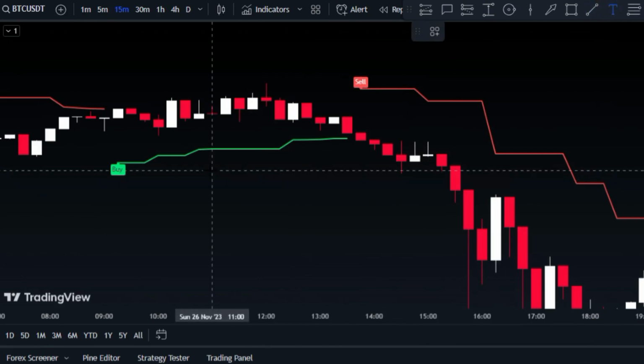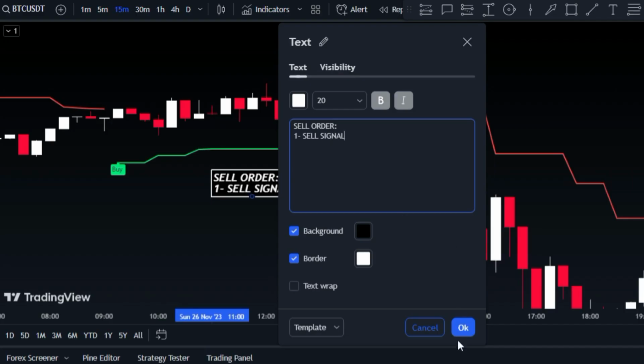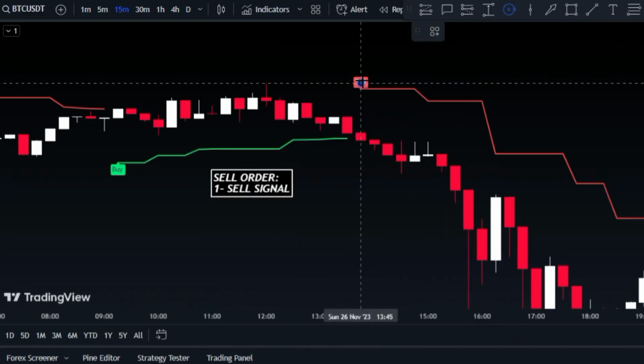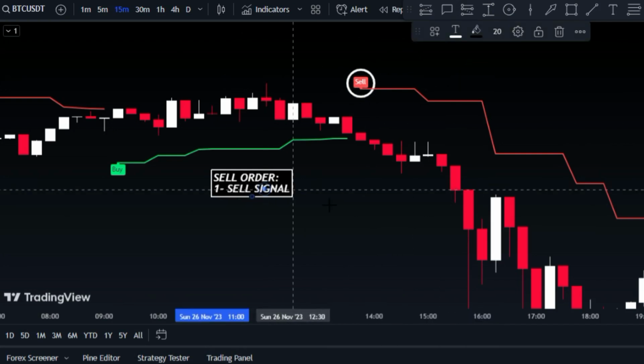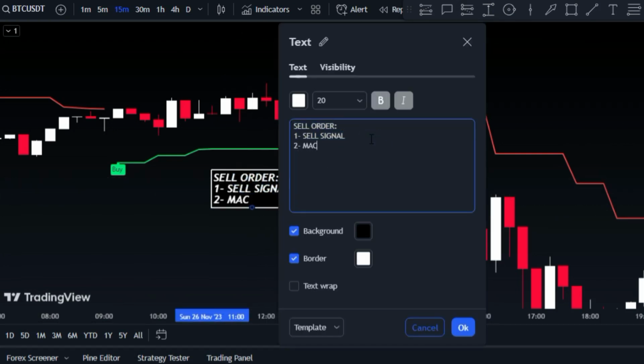And when it comes to short trades, the same general principles apply. You'll want to wait for a sell signal from the pivot point super trend indicator and confirm it with the MACD split colors indicator, making sure the market is in a downtrend.